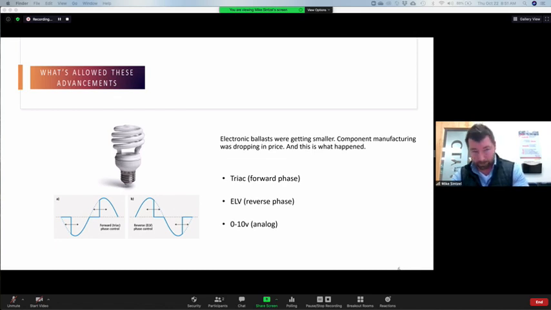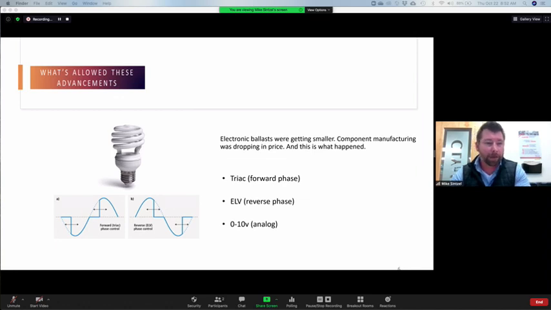That little ballast is right above the A19 socket, and we still can buy those today. Better technology gave rise to advanced dimming capabilities. Reverse phase dimming, ELV dimming would become the benchmark for a couple of years until North America adopted the 0 to 10 protocol in commercial applications for the most part.